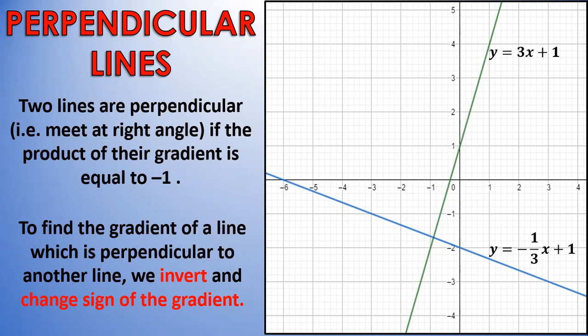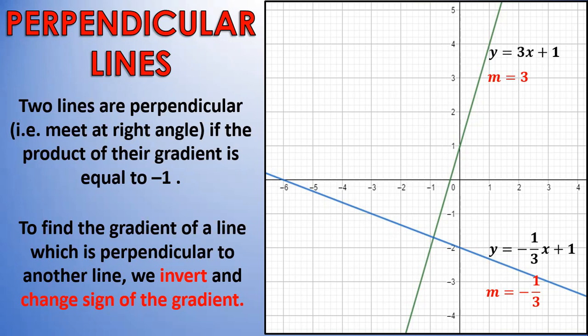The gradient for the line y equal 3x plus 1 is 3. The gradient for the line y is equal to -1/3 x plus 1 is -1/3. Notice, if we invert 3 and change its sign, we will get -1/3.